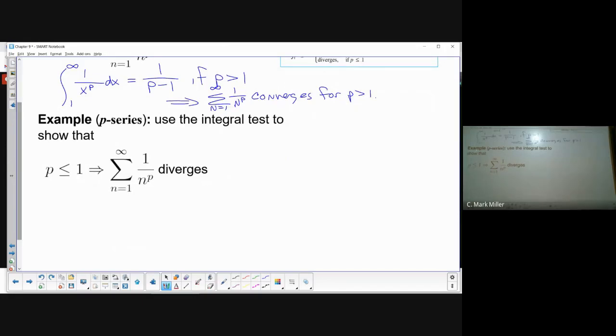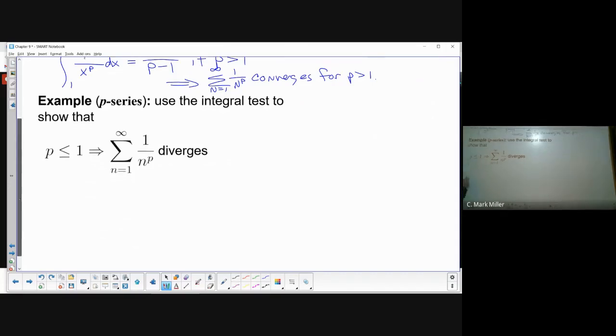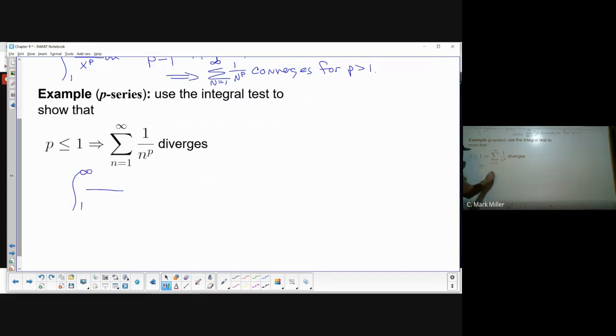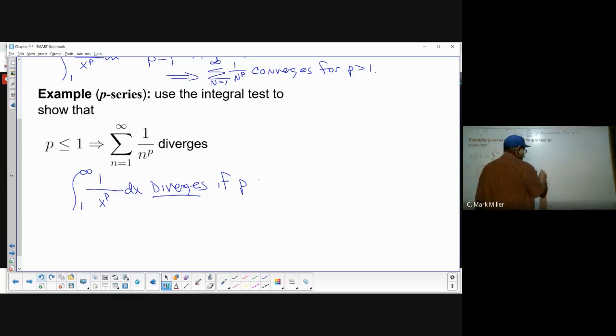Now, in this bottom example, use the integral test to show that the series diverges. Well, it's the same thing. The integral from 1 to infinity of 1 over x to the P dx diverges if P is less than or equal to 1.